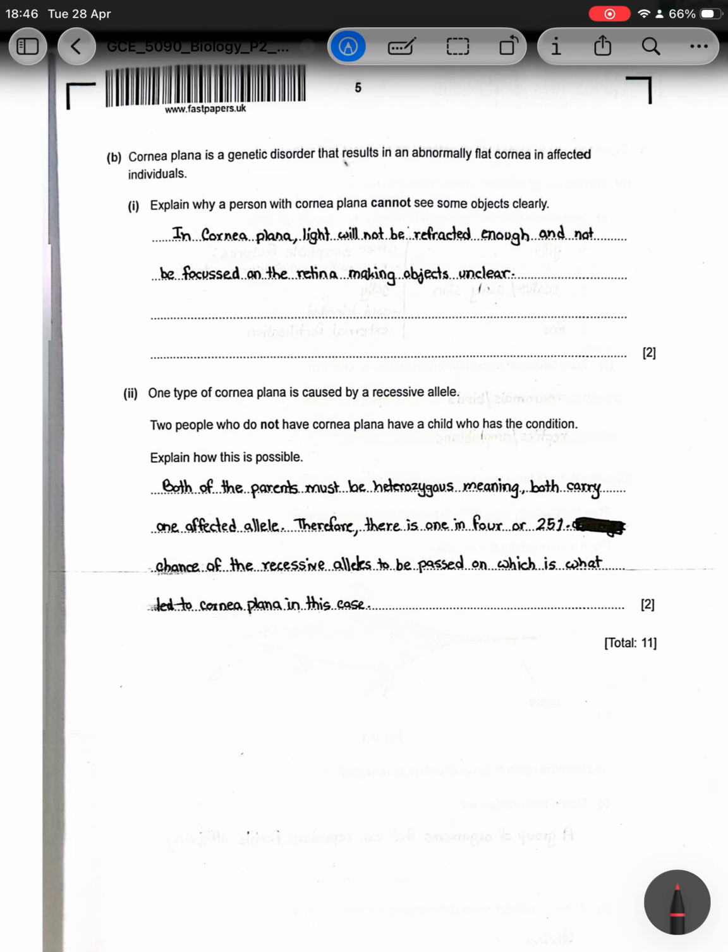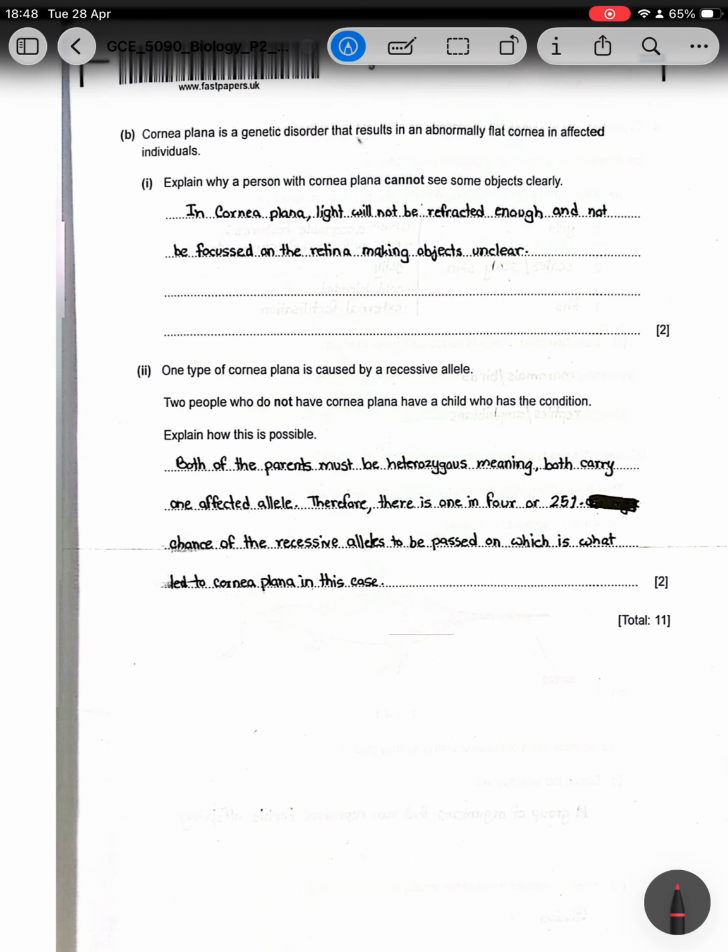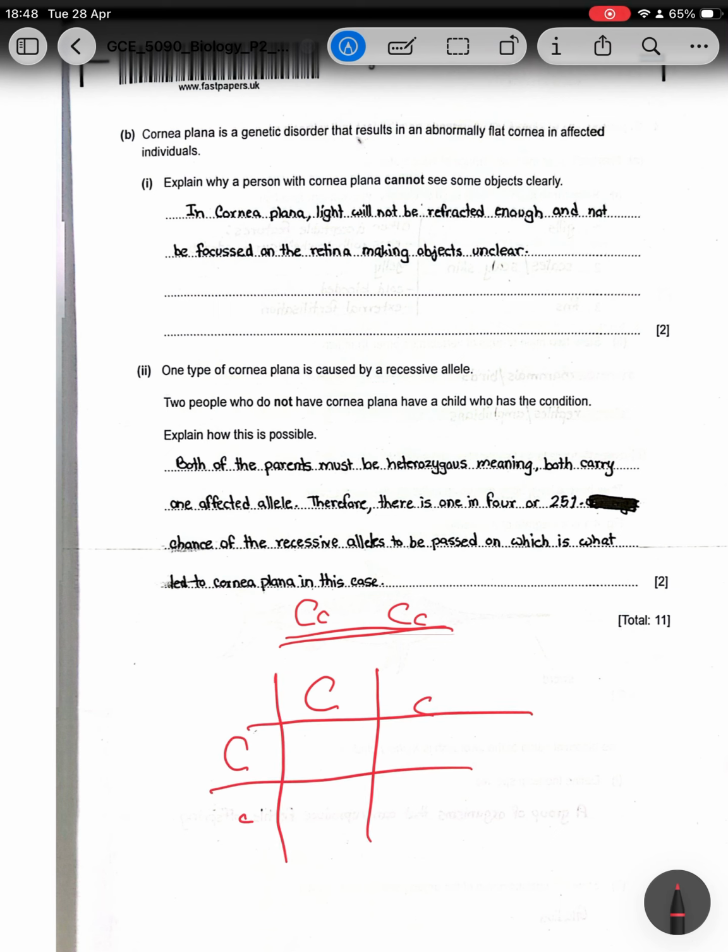So you can quickly form, let's say, the dominant allele is a capital C and the recessive allele is a small c, and the parents are heterozygous. So you take the genotypes as a capital letter C and a small letter c, and you draw a quick Punnett square and put the genotypes as such.